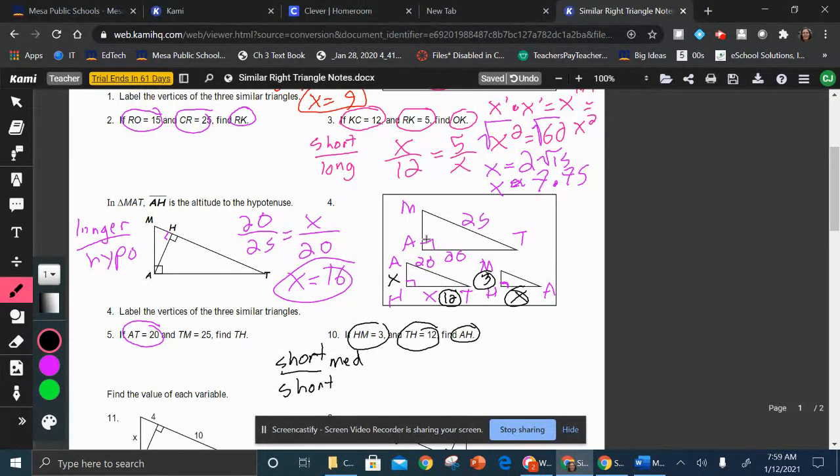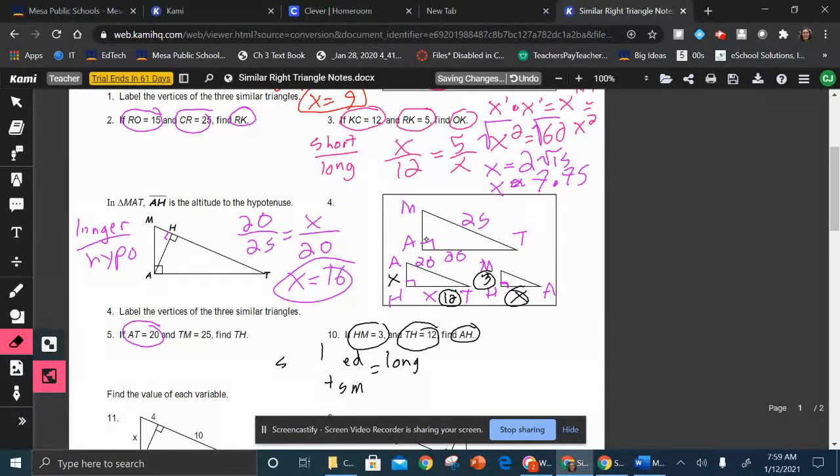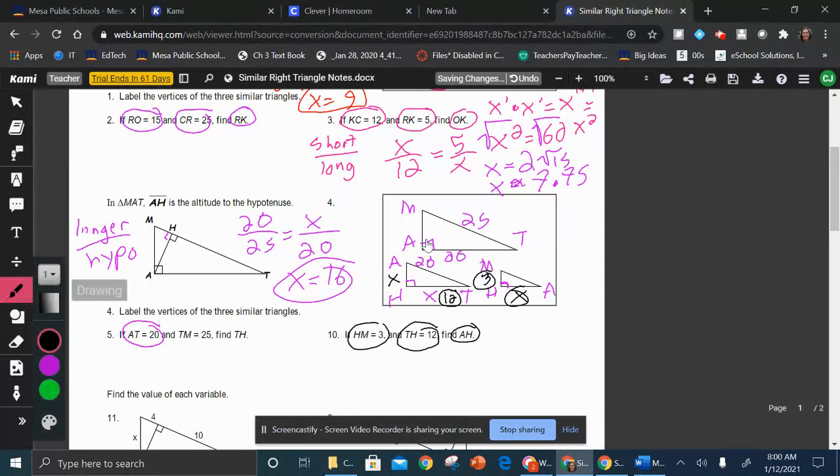So this is one way to do it, everybody. We're going to do short over medium.